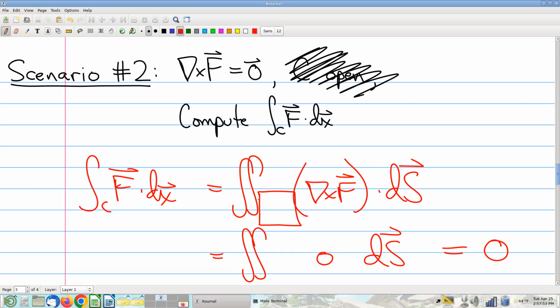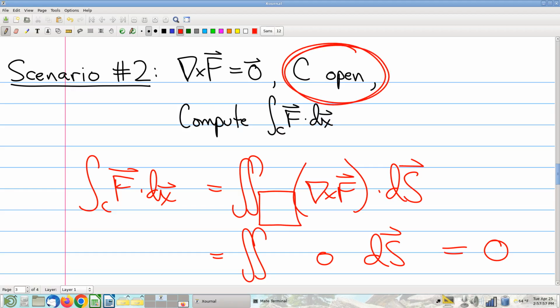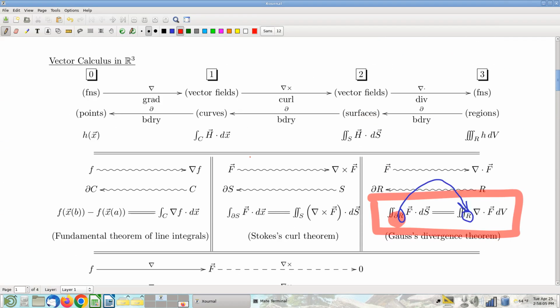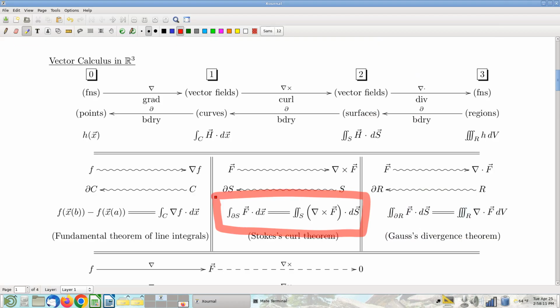And of course, now again, in this scenario, unstated but true side fact, our curve is an open curve. There is no such surface. Again, looking back to the diagram. Here's Stokes's curl theorem, and notice very conspicuously, in order for Stokes's curl theorem to apply, we need our curve to be a boundary of a surface.